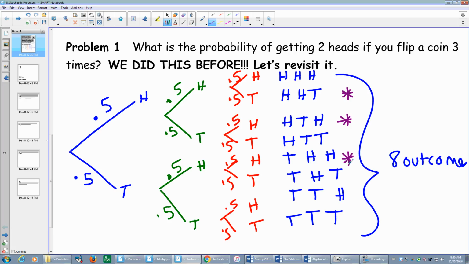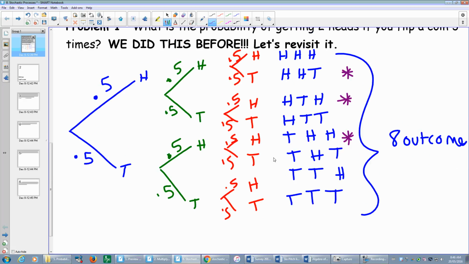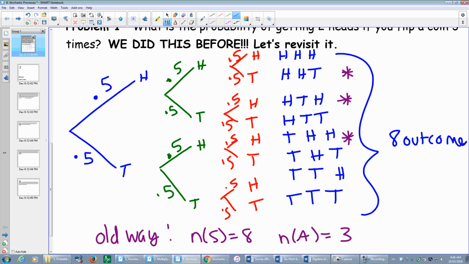Those are the 3 possible ways I can get 2 heads. So the old way to answer this question was saying the total number of possibilities is 8, your n(S). Your n(A) is equal to 3. There are 3 ways to flip exactly 2 heads. So the probability of this happening is 3/8. That's old news.